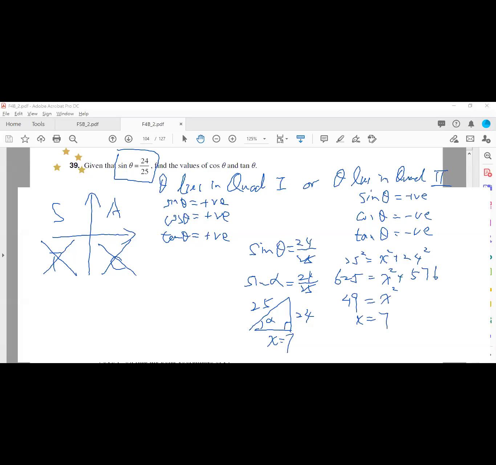Which means that cosine alpha is equal to 7/25, and then tangent alpha is equal to 24/7.